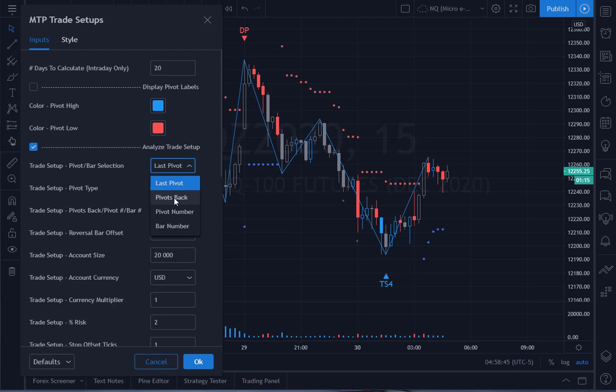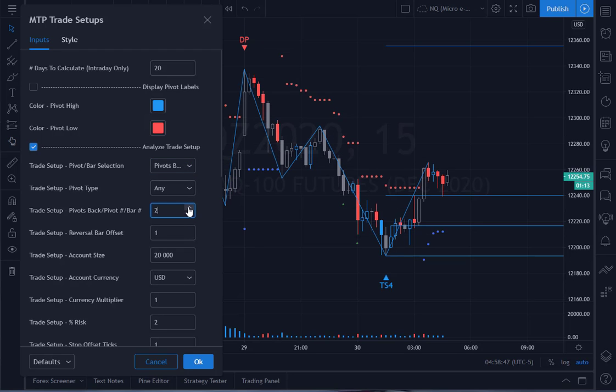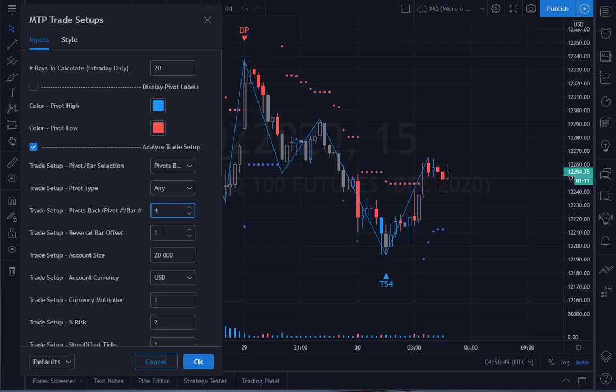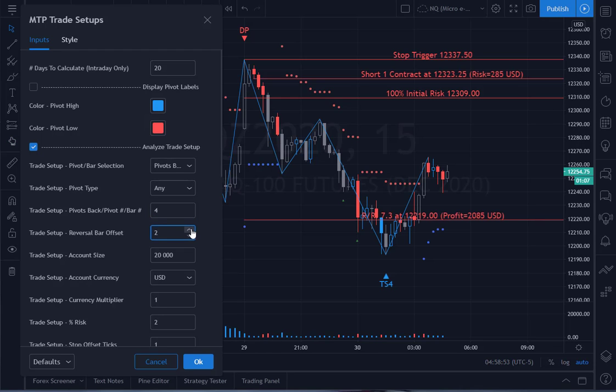So we're going to go to pivots back 4, and I'm going to go 2 bars after the pivot high. So in that particular example there, can you see how that profit was actually a 7-hour profit? So that was a 7-hour profit.